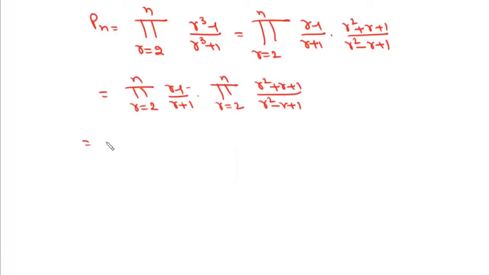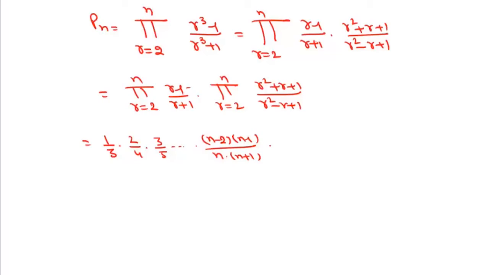So if we put r as 2, it will be 1 by 3 and 2 by 4, 3 by 5, and it will go all the way up to (n − 2), (n − 1), and here will be n and (n + 1). And here we'll have r² + r + 1 and r² − r + 1.